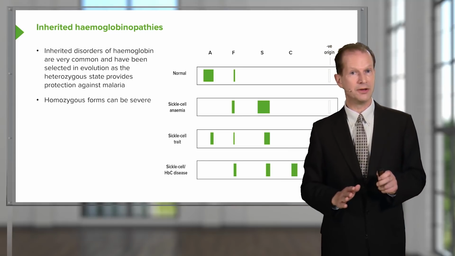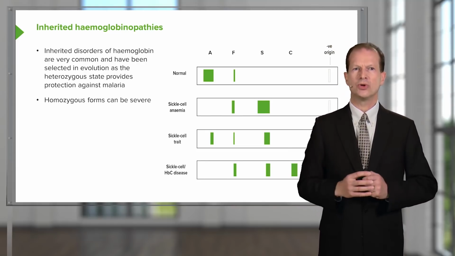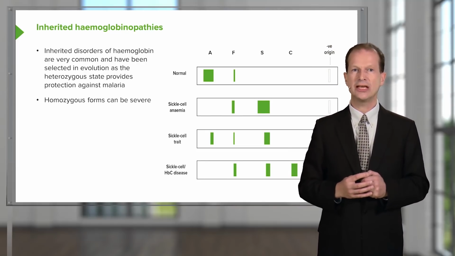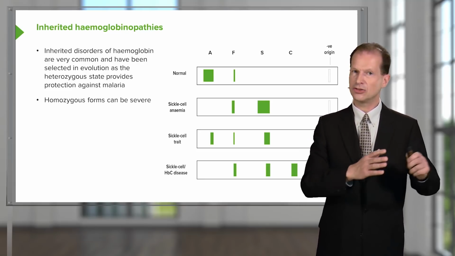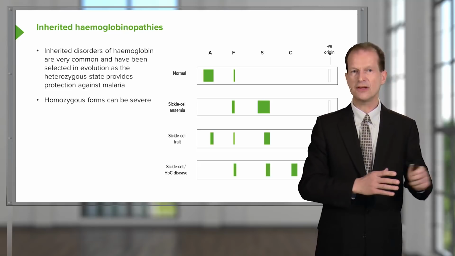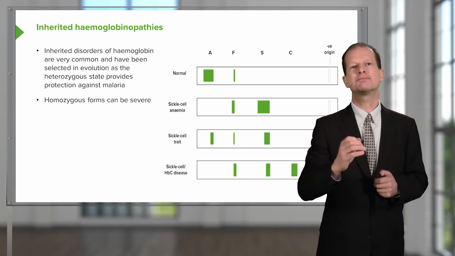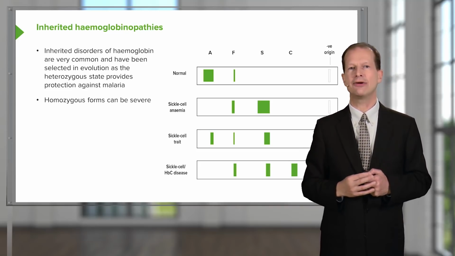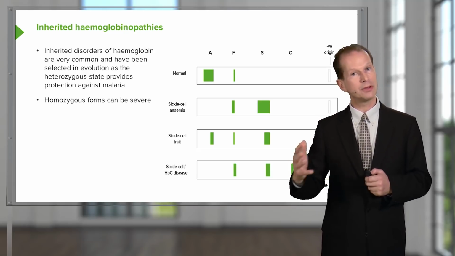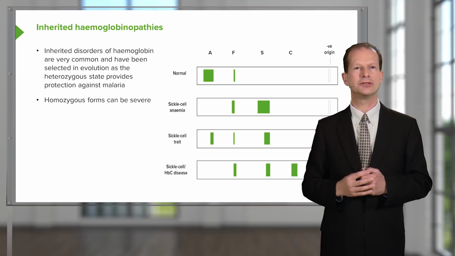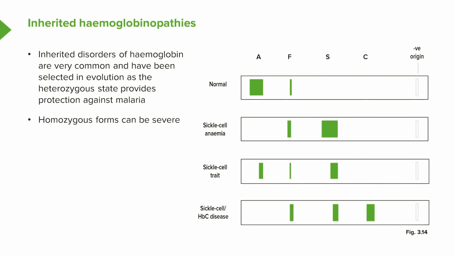These are very common, and we're now pretty sure that they've been selected during evolution because a heterozygous state, although it's not clinically insignificant in the patient, provides protection against severe malaria. Malaria has had a big influence on the genetic makeup of people who live in malarial regions. But unfortunately, homozygous forms, a bad gene from your mum and your dad, can be very severe disorders.